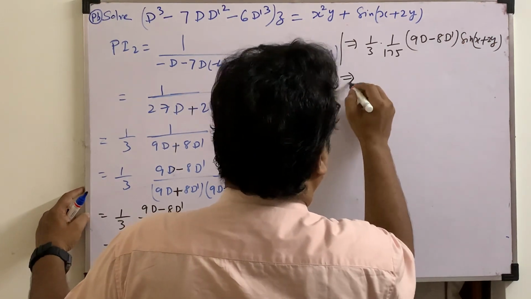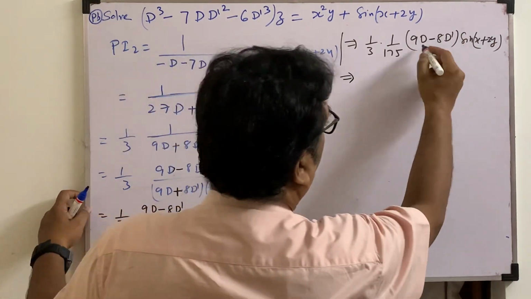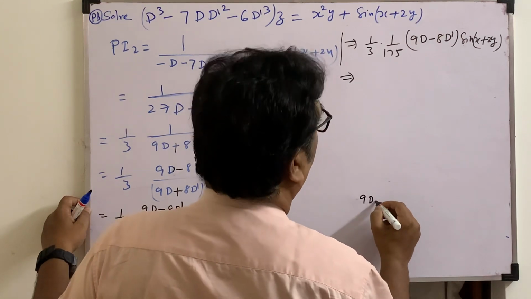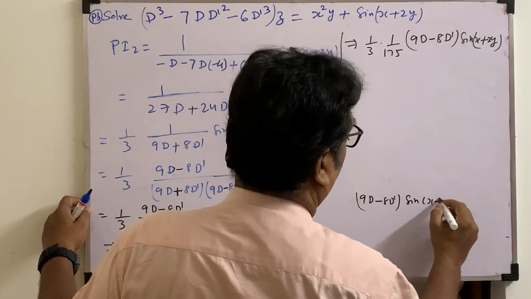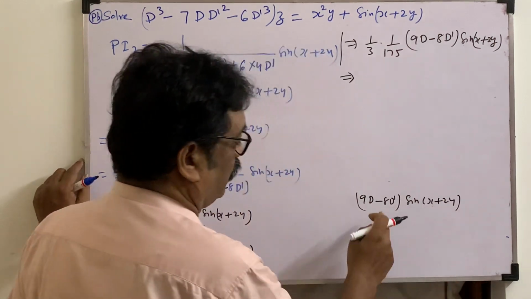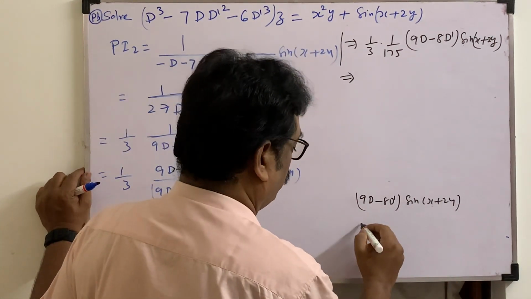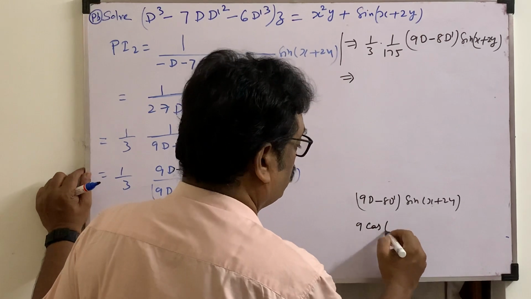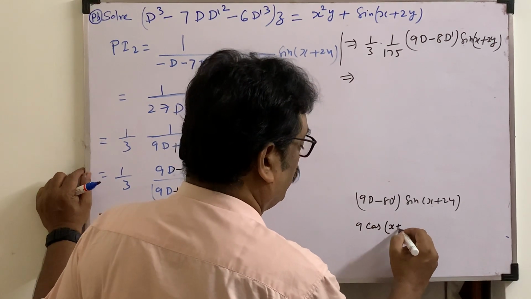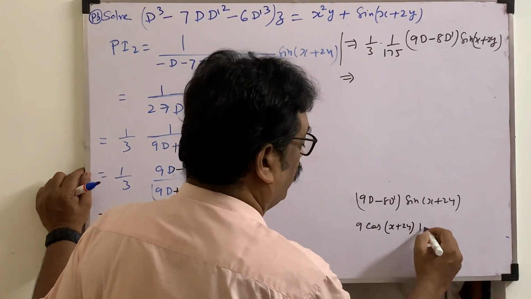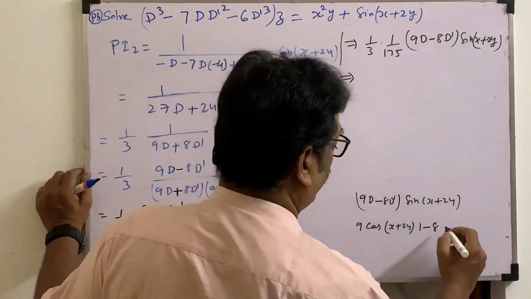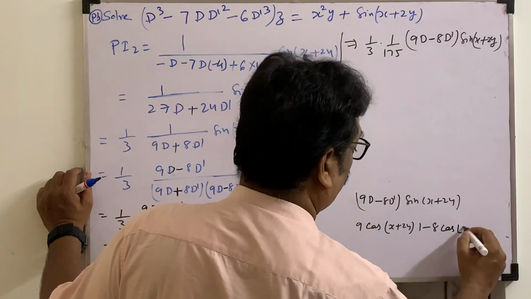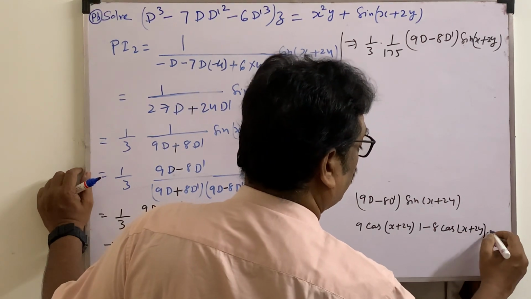Now look here, 9D minus 8D dash on sin x plus 2y. What will we do? D is differentiation with respect to x, so 9 cos x plus 2y into 1. Minus 8, D dash is differentiation with respect to y, so sine differentiation is cos x plus 2y into 2.